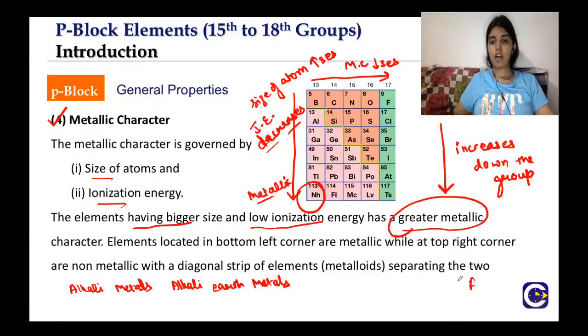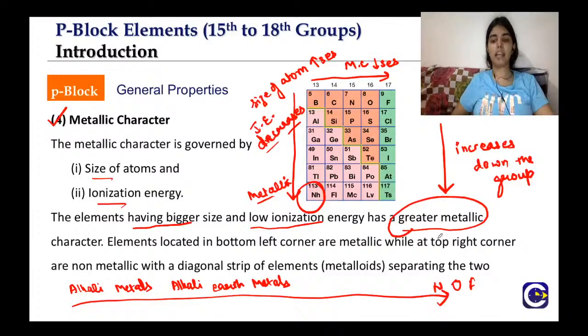Halogens and oxygen family, nitrogen family. So here, across the period, the non-metallic character is increasing, therefore nitrogen, oxygen, fluorine are what? Basically non-metals. But if you compare here sodium, magnesium, they are metals. So this shows that metallic character decreases across the period while increasing down the group.